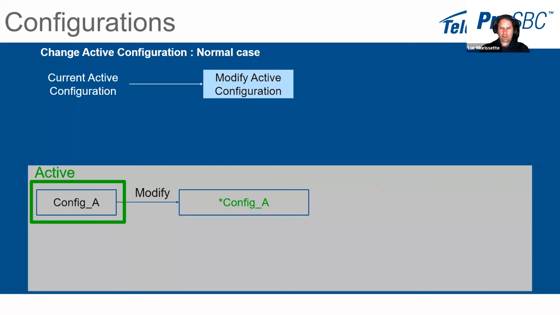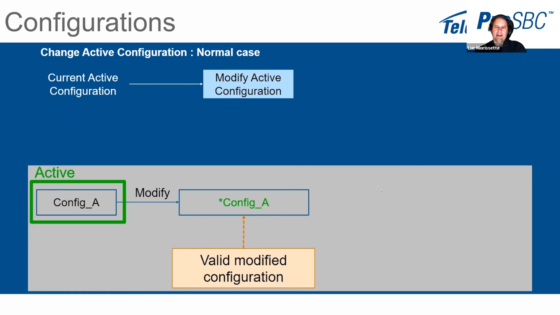To use configurations, one way to use it is like this. So you start with your config A, so your main configuration, which is active. And then you can go and modify your configuration. All right, so you modify this configuration. Maybe, I don't know, you add a new call route in the system. And then you validate this configuration.